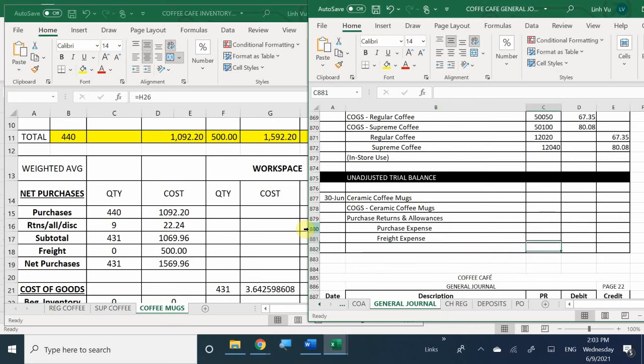Okay, so what are my account numbers here? For the mugs, the first one is 12050. Cost of goods for the mugs is 50150. And I will look up the rest in a second.